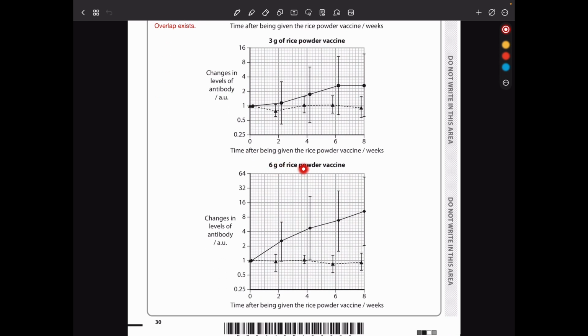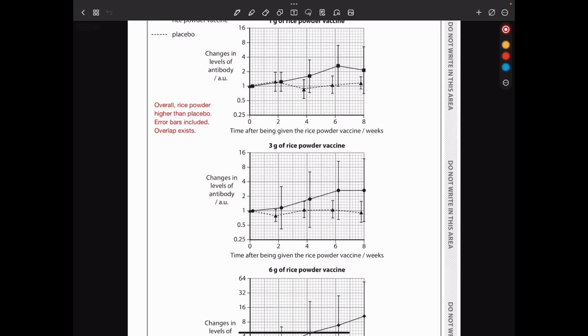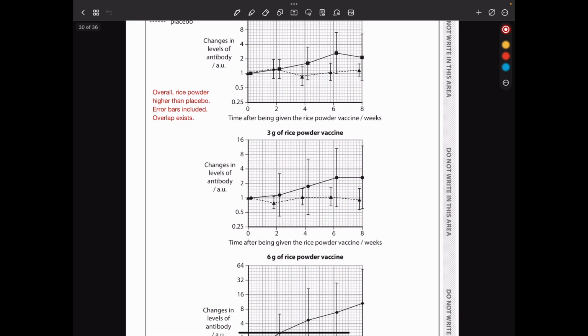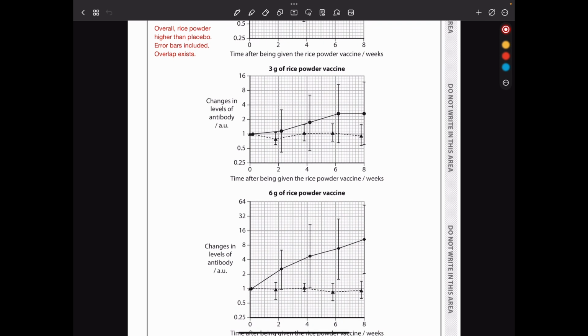This is for the 6-gram rice vaccine. If you're increasing the concentration, we see more. So our summary can be that increasing the concentration led to an increase in the changes of levels of antibodies. And as we go on, we see that error bars, at least here there is no overlap, but most times there is going to be overlap. In these two, between that, and between that and that, there is no overlap.